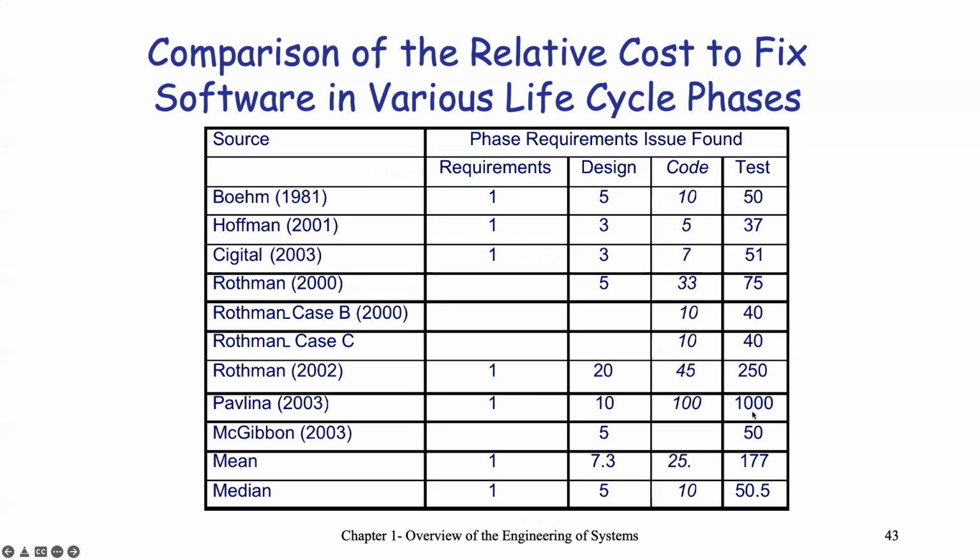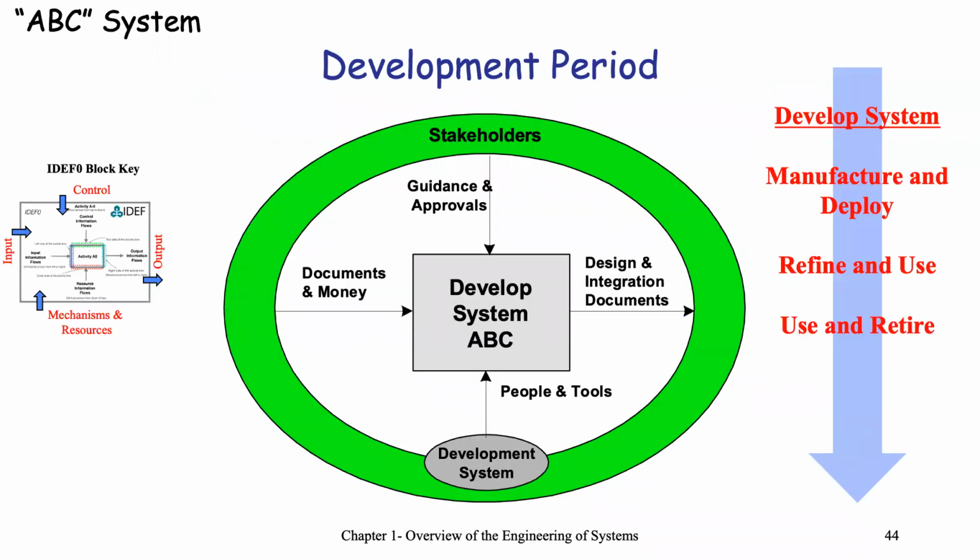And so here is an example of 1,000 times if you're already in the testing phase that you didn't find it, versus if you get it early on, maybe just in the requirements phase, you just fix a line of code, you get into the design phase, it's going to be an order of magnitude greater, and it goes on and on and on. So those are some things that should be considered in terms of the impact of not catching something soon.